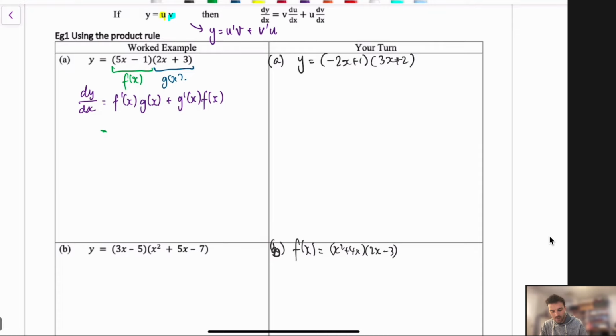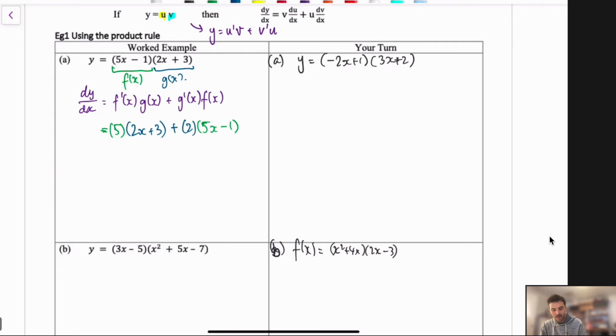We can see if we differentiate f of x, it becomes 5. Then we just put a normal function there, g of x. Plus, now we move on to g dash x. Let's differentiate g dash x, that becomes 2. And then we're going to times by f of x, which is 5x minus 1.